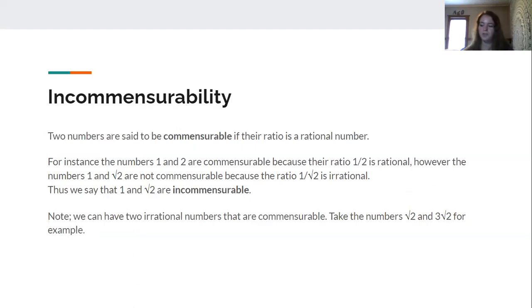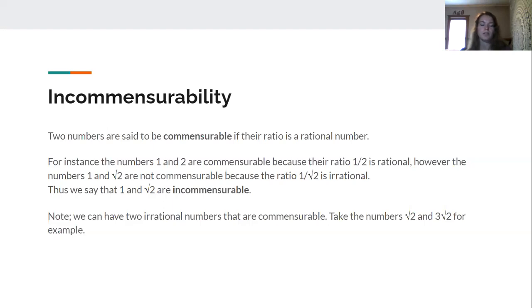All right, and the last thing I wanted to talk about was the concept of incommensurability, which Euclid discusses in Book 10. So 2 numbers are said to be commensurable if their ratio is a rational number. So if we look at the numbers 1 and 2, we're going to see that they are commensurable because their ratio, 1 divided by 2, is rational.